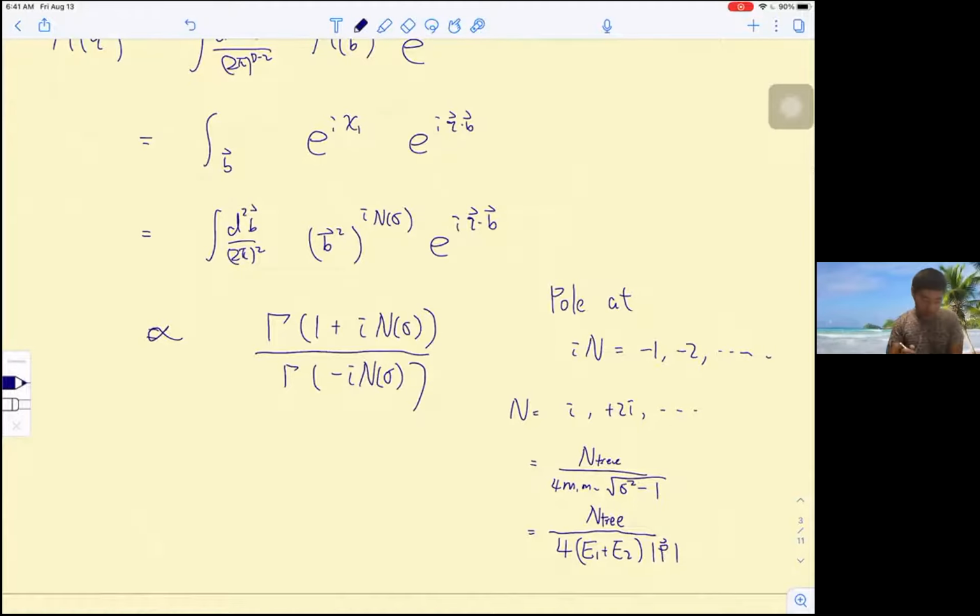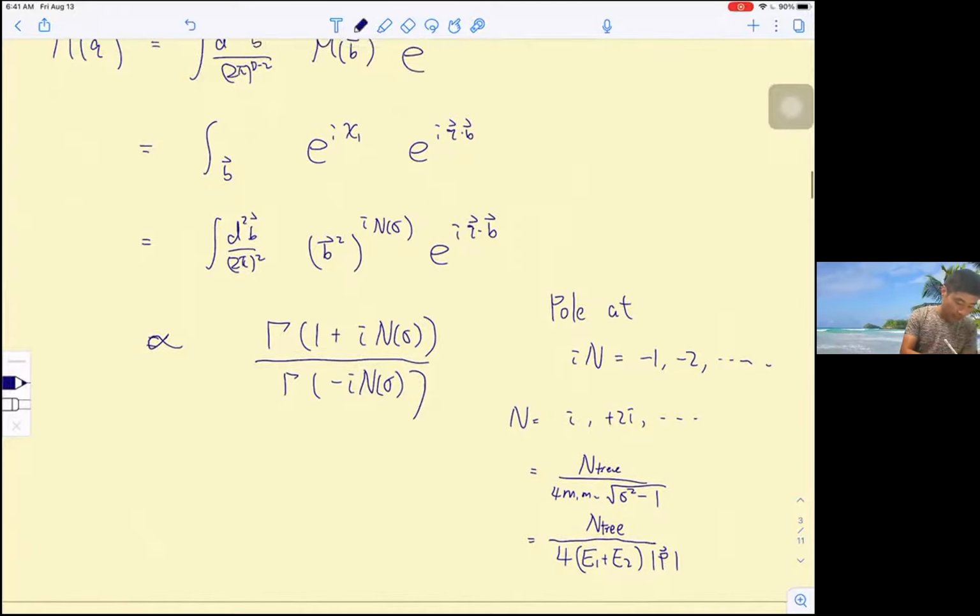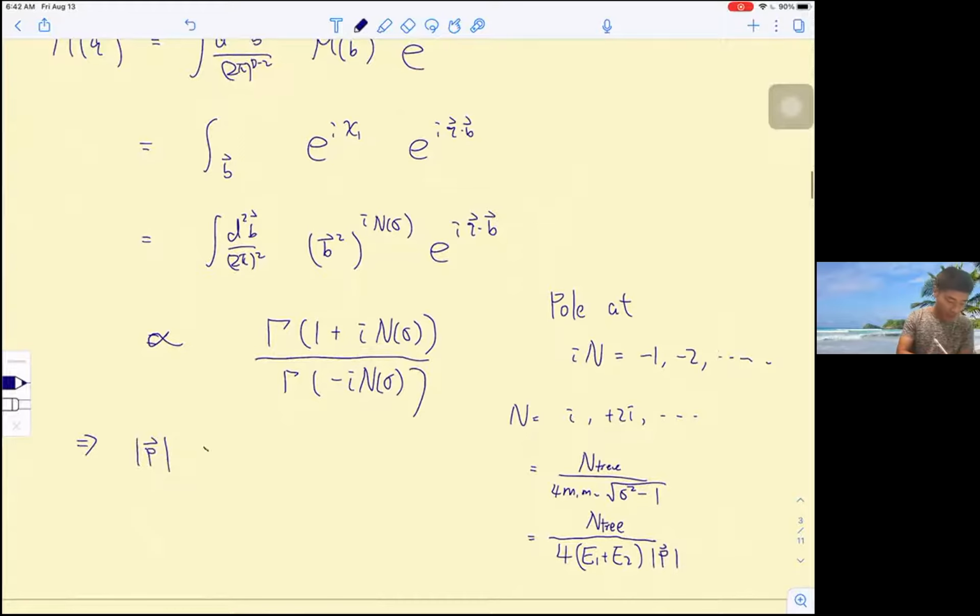Okay, but we want this entire thing, which, remember, is proportional to the potential, to be imaginary in order to have a pole. So the only case in which you can have this pole is when this p infinity is imaginary. That means the total energy E is actually less than the total mass m1 plus m2.